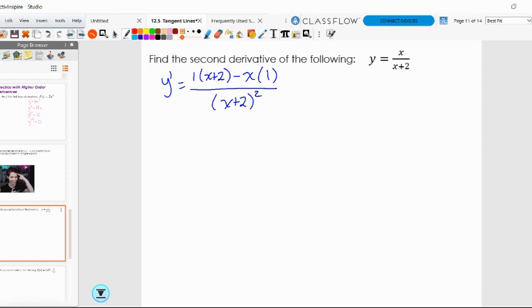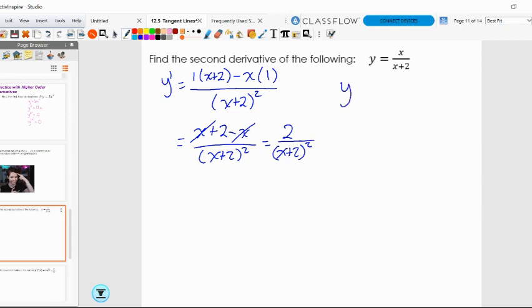Okay, so let's clean that up a little bit. That's going to look like x plus 2 minus x over x plus 2 quantity squared. X and negative x cancel each other out, so that just gives me 2 over x plus 2 quantity squared as our first derivative. Okay, so now we want to take the second derivative.